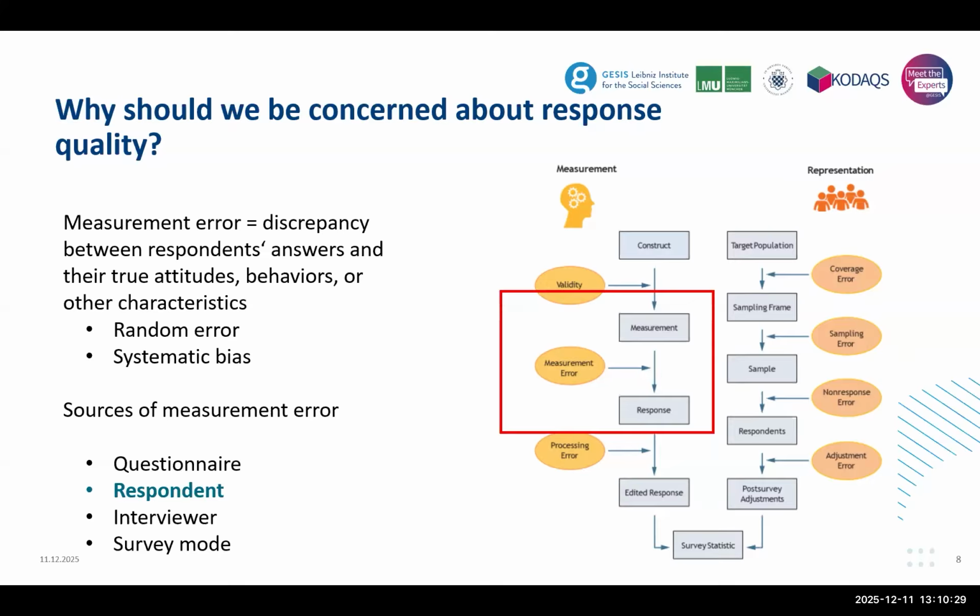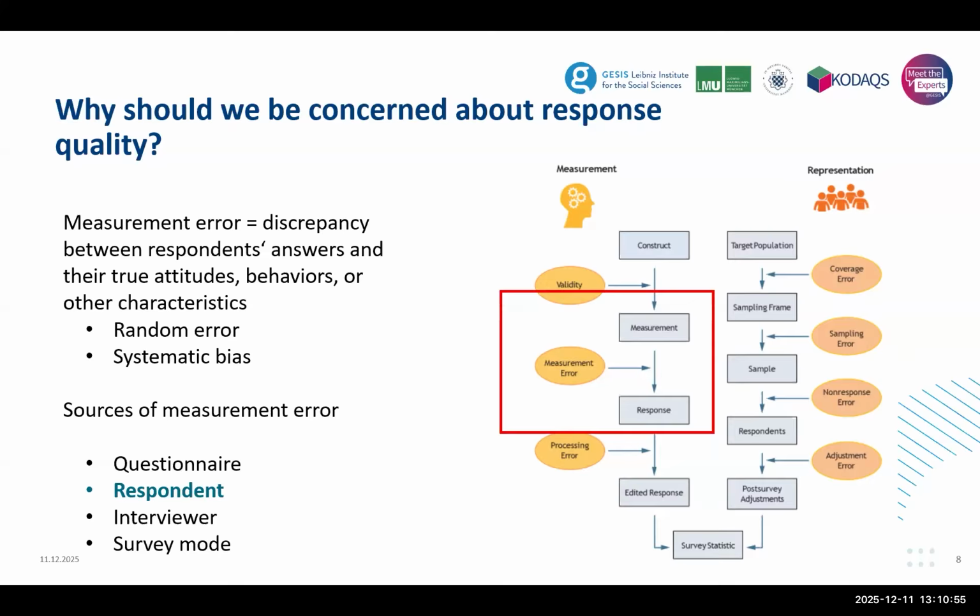We also have the interviewer as a source of measurement error, so basically how the interviewer interacts with the respondent, how he probes the respondent at given responses, whether he follows the guidelines for interviewers, and whether he is interviewing the person in a structured way. And then we also have the survey mode, which very often amplifies measurement error from other sources.